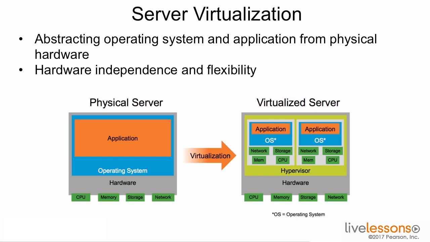In this case, because we have abstracted the hardware, we can move the applications and operating systems from server to server without the virtual server being the wiser. As a matter of fact, these virtualized instances run in parallel on a single server, and each one of these instances thinks that it is running on an individual server when they're actually all running together on one.